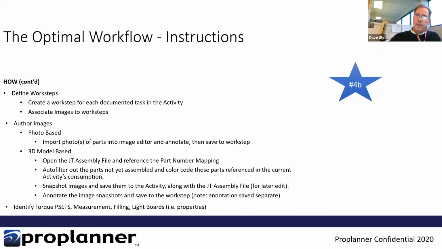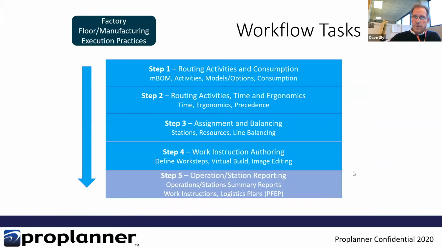So in this publishing phase, as I mentioned, step 4 was publishing, step 5 is the execution. We have the work instructions, the MES part, and we have the logistics part, as we see by both 4A and 4B. The final stage is the actual execution.